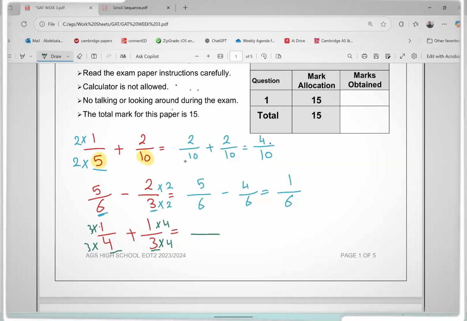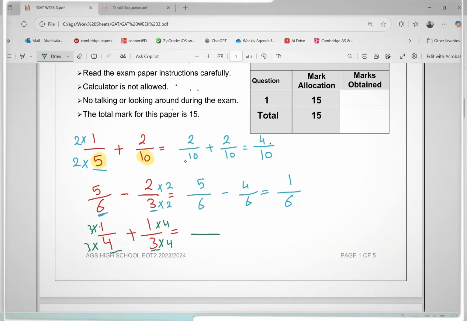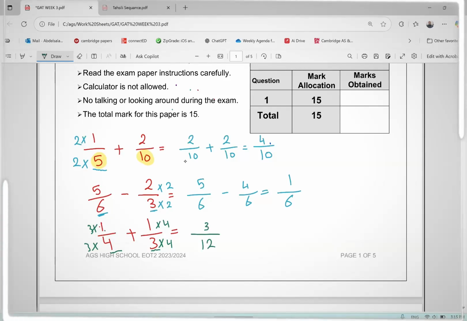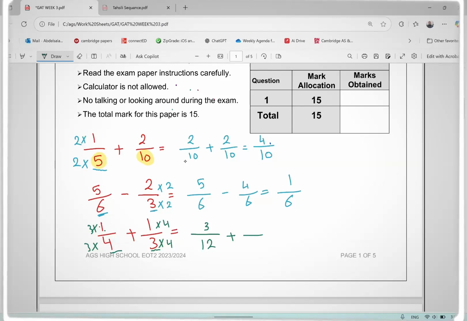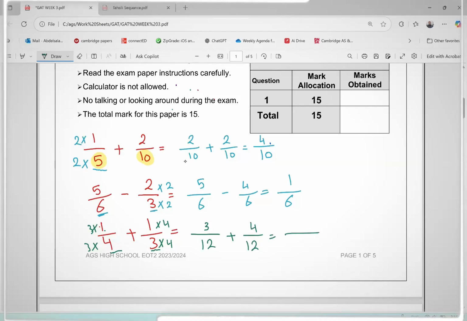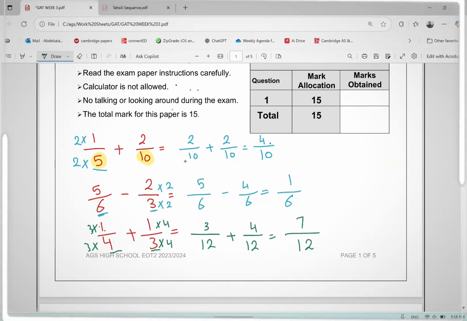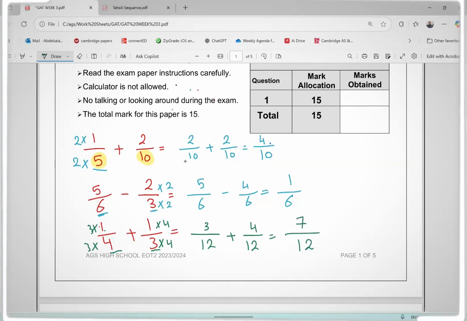The first fraction will be 3 times 1 equals 3, 3 times 4 equals 12, plus 4 times 1 equals 4, 4 times 3 equals 12. I have to write the same denominator again. 3 plus 4 equals 7. This is how we can add fractions.